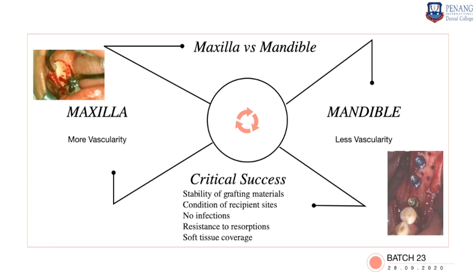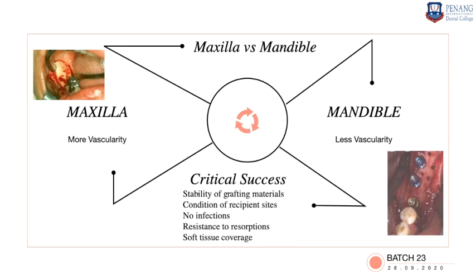Same with the recipient site: the maxillary site will have more porous bone, so the blood vessels and blood particles coming to the site of regeneration will be faster compared to mandibular bone. If you are going to do a regenerative procedure in a mandible, you have to give some perforations on the cortical plate so that the bone will be revascularized with the blood cells.